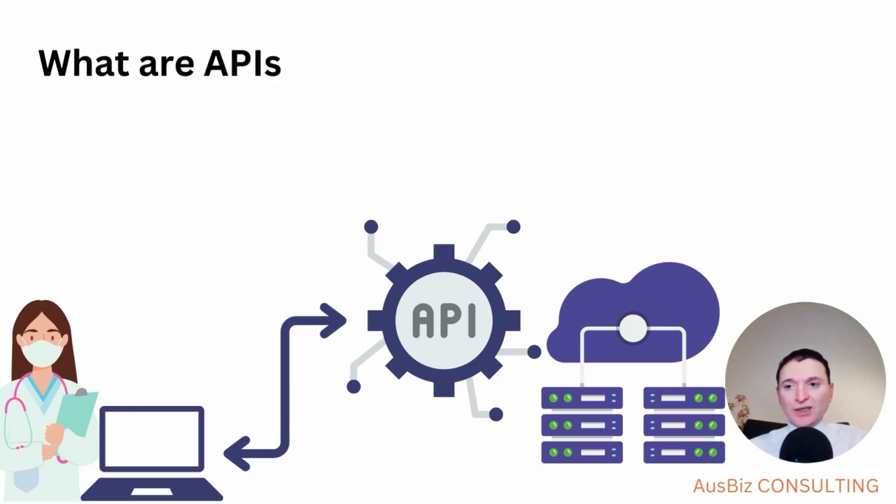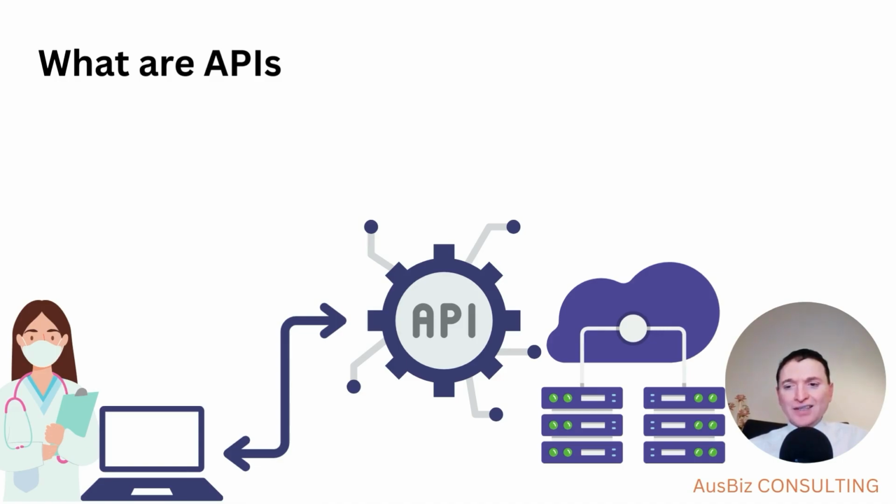Let's dive into the world of APIs, or application programming interfaces, and their crucial role in building data pipelines. So, what are APIs? An API is a set of rules and specifications that different software programs can follow to communicate with each other.